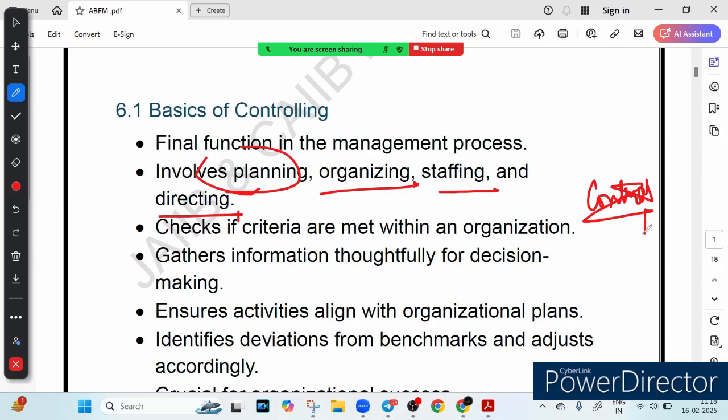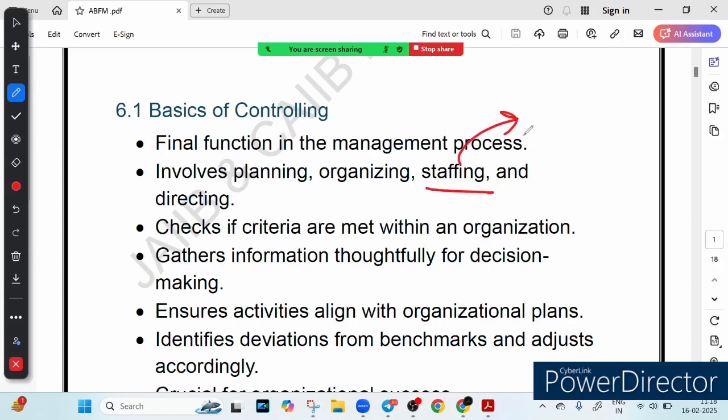So these are the four steps: planning, organizing, staffing and directing, and finally controlling.